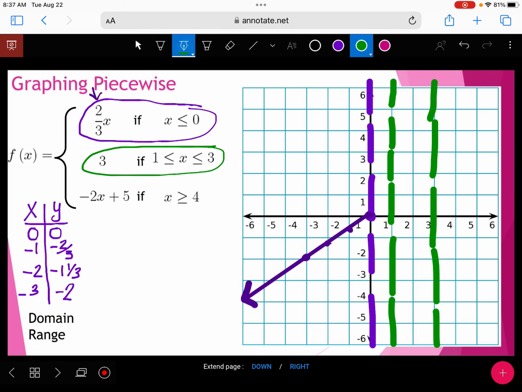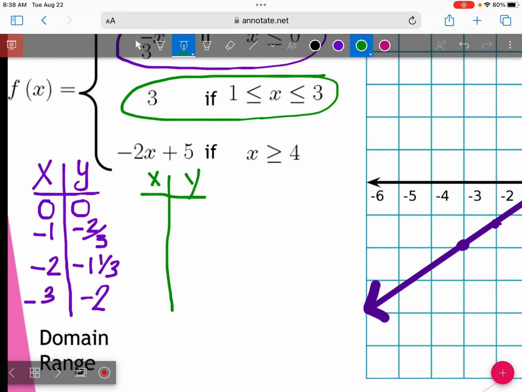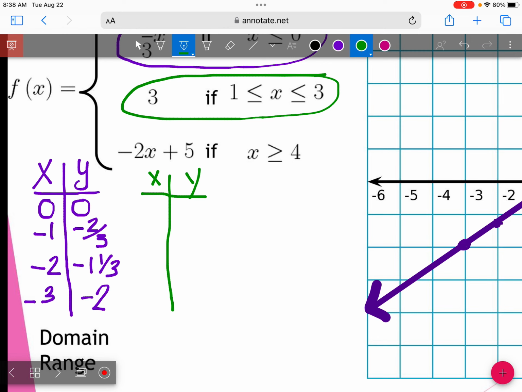And I feel like the tables are helping, so we're going to do a table here. So what values of x are between 1 and 3? And then we should also use the endpoints. So we should use the 1, 2 is in between, and we should use 3, right?